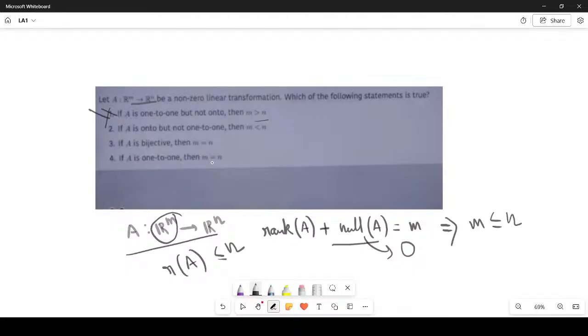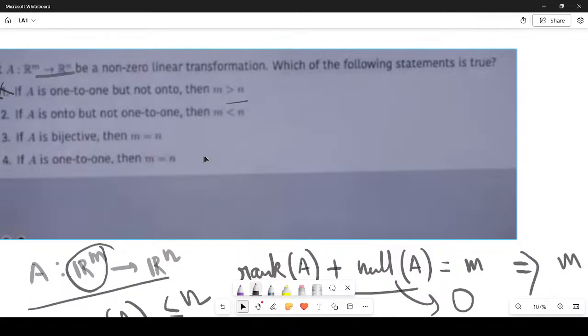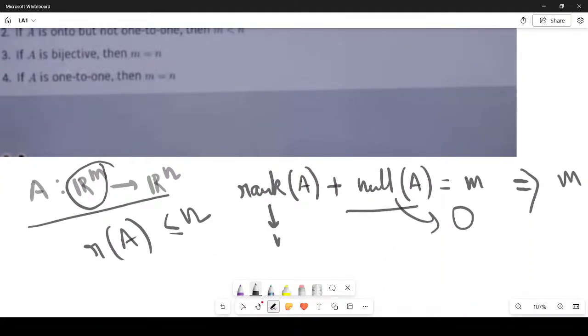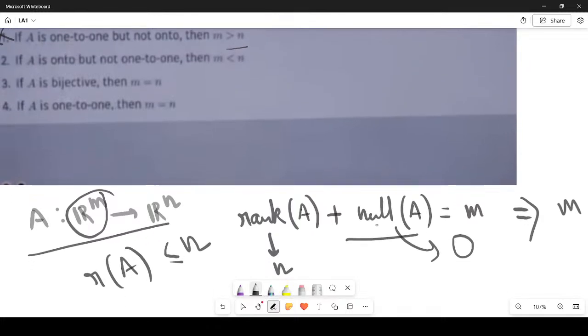Okay, now the second option says that if A is onto but not 1-1, then m should be less than n. Now if A is onto, it should be of full rank, so rank of A is equal to n. But since it is not 1-1, the nullity of A will be greater than or equal to 1; it cannot be 0.